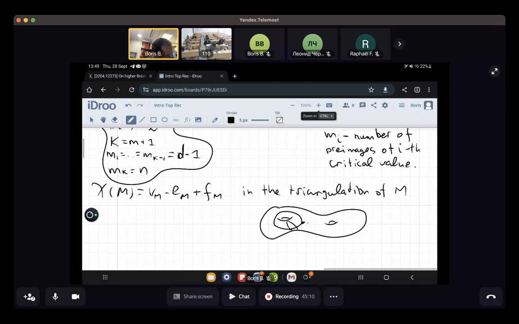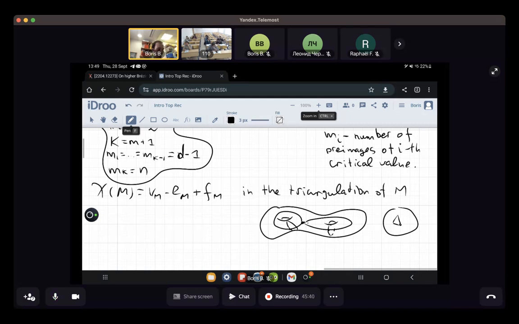What should I add here? Say this is the triangulation. This is not a triangulation, but this is a triangulation.